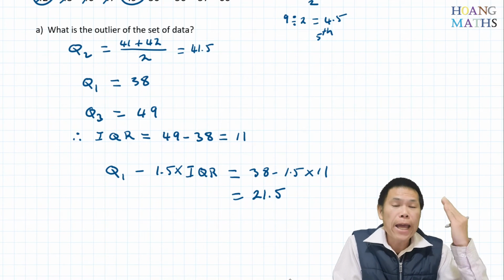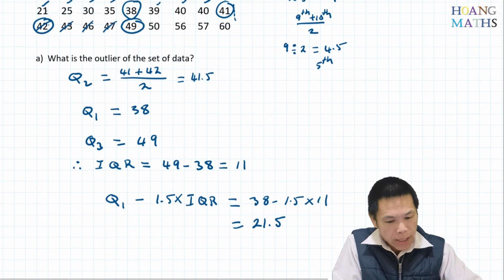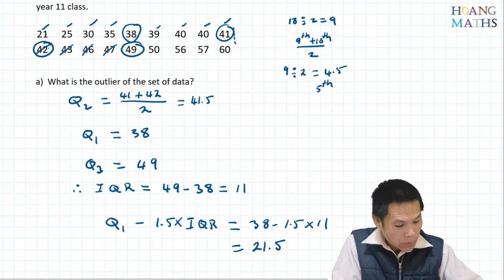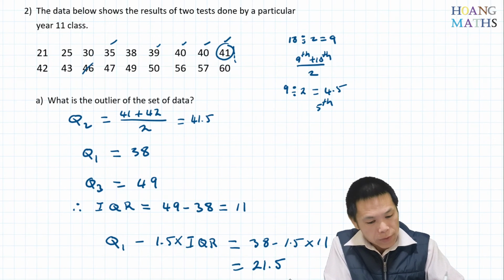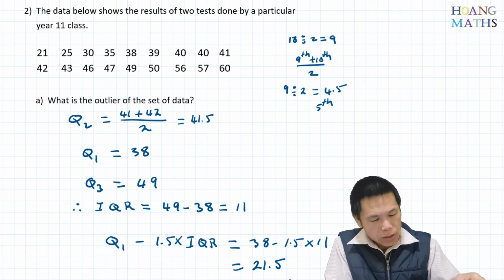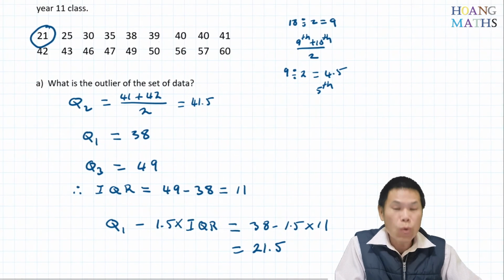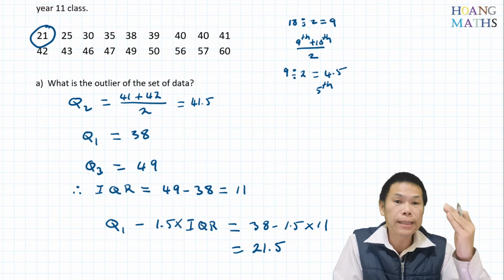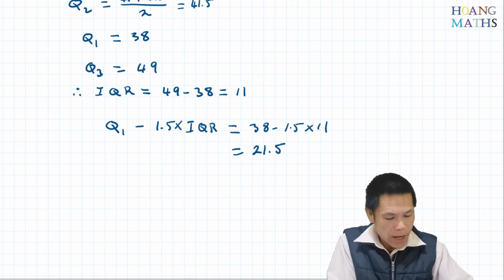This means that any score below 21.5 is an outlier. So let's have a look. Yes, we have one, because 21 is lower than 21.5. So we have 1 outlier for now.